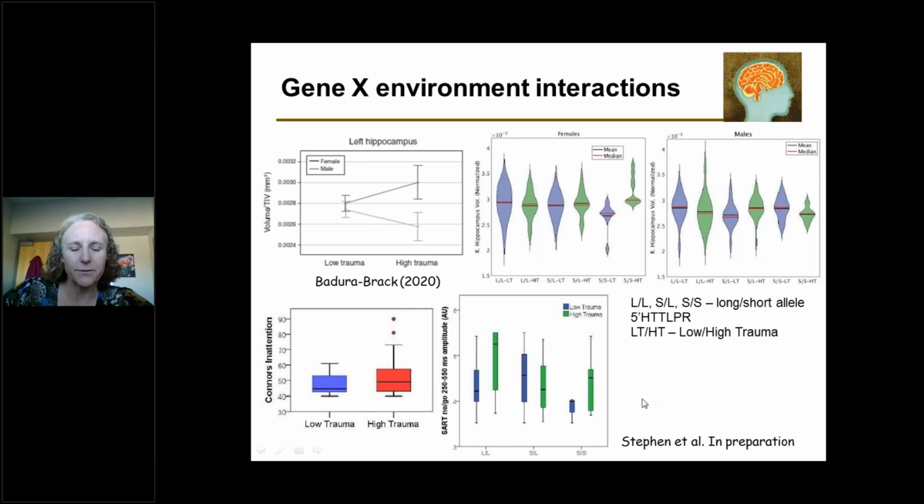So this gets very complicated very quickly, but this is one of the larger adolescent data sets and largest MEG data set that we're aware of in the adolescent age range that really allows you to start looking at these more complicated factors.